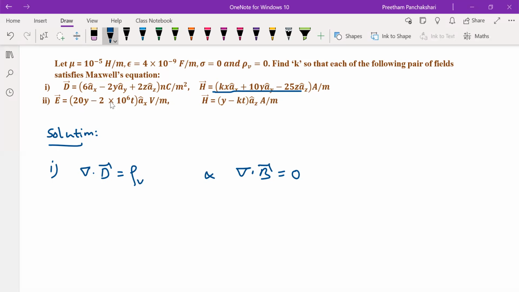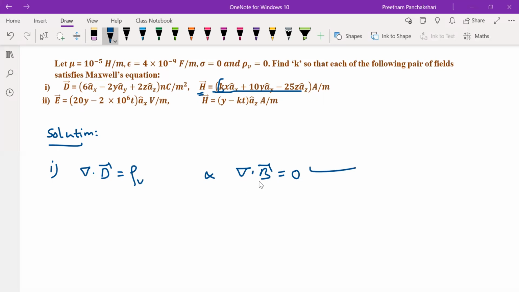So here we have to choose any one of them. Which one to choose? Look at this one. K is present in the H vector, not in the D vector. So that's why we have to choose the Maxwell's equation which contains H. That is here.